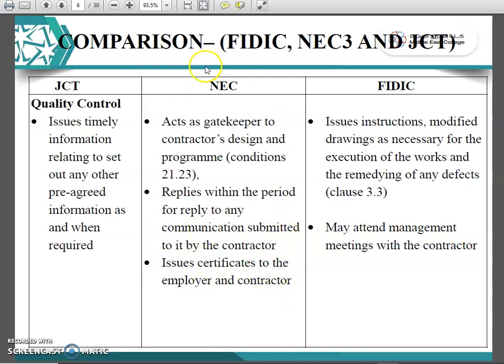So these are the document suggestions, like the standard form of contract says. FIDIC issues instructions, modifies drawings as necessary for the execution of the works and remedying of any defects. It may attend management meetings with the contractor. So this is how the comparison can be made between JCT, NEC and FIDIC.